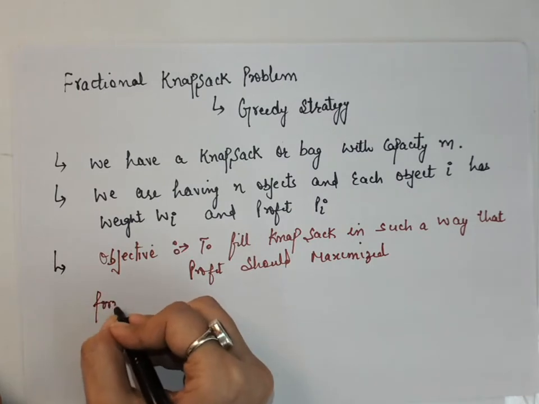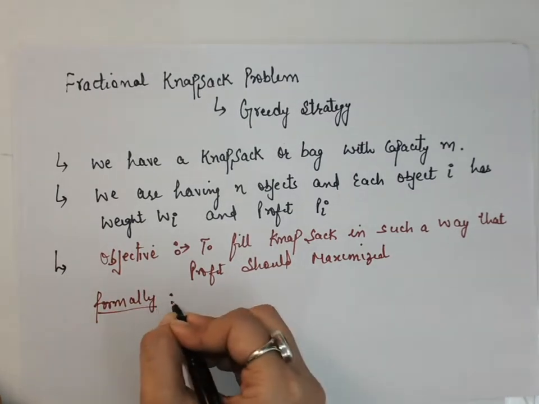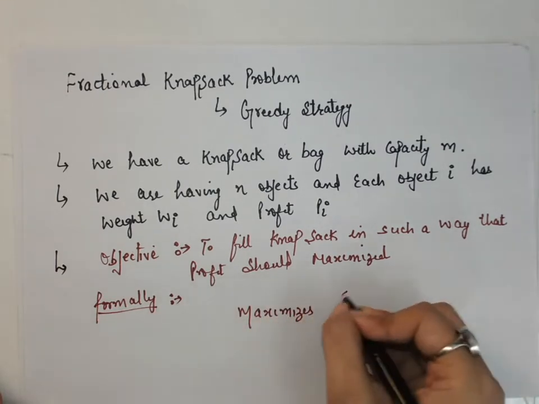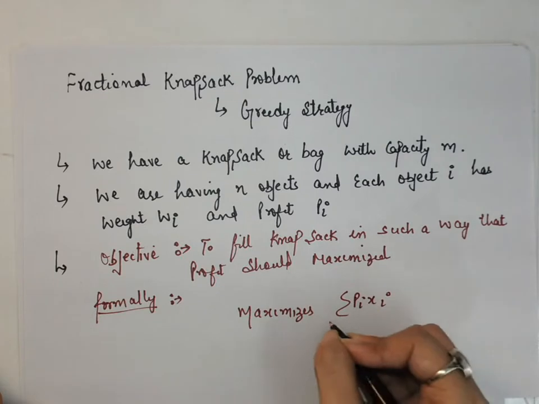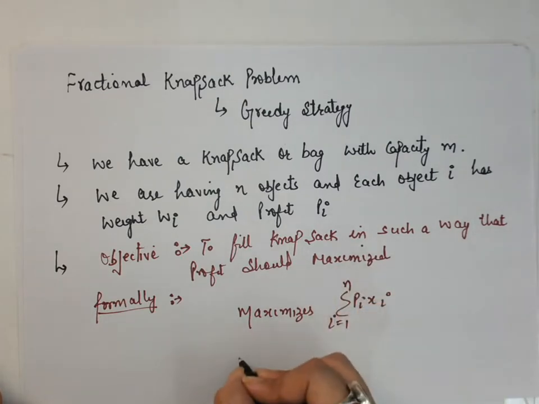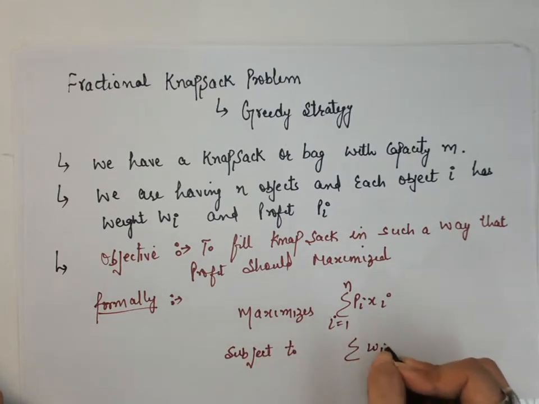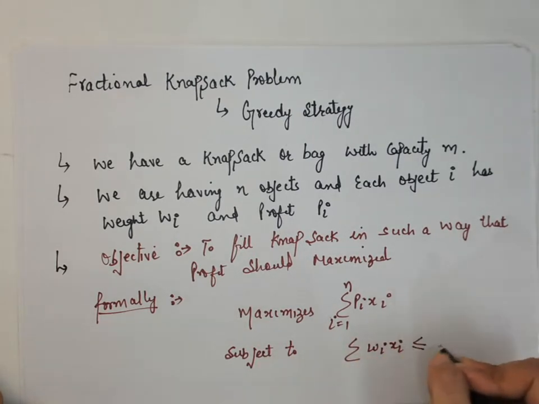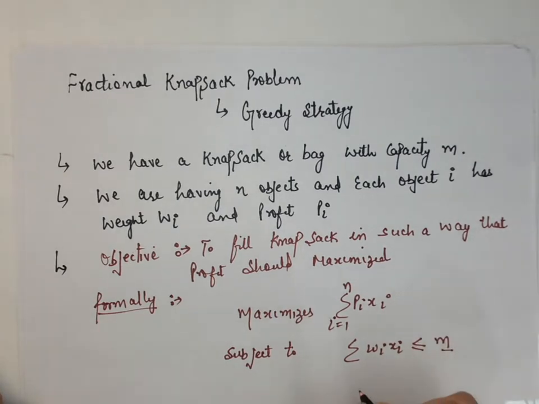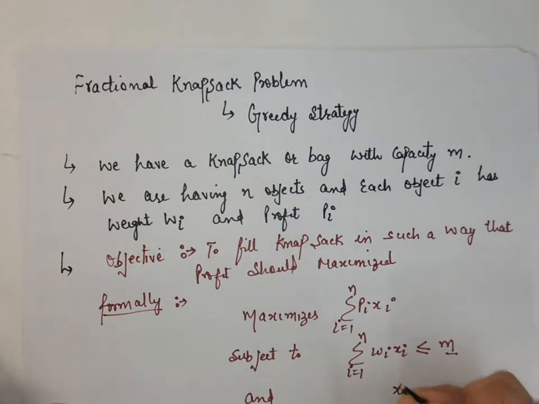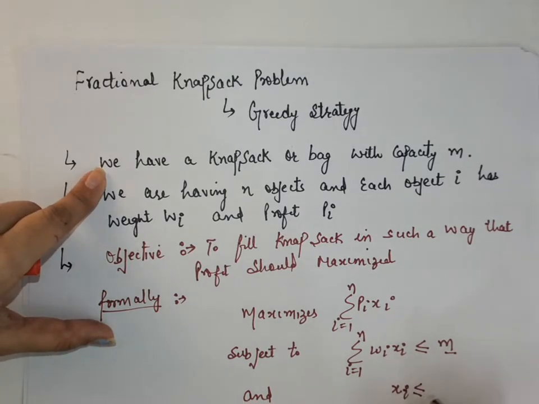Formally I can state my problem as: maximize profit, where i lies from 1 to n, but subject to the weight of the knapsack shouldn't exceed your knapsack capacity, and your xi lies between 0 to 1.